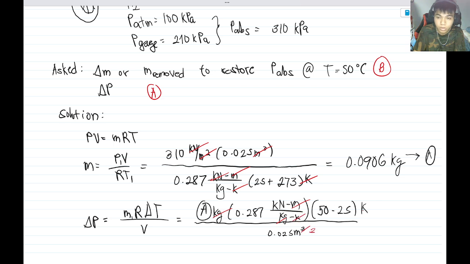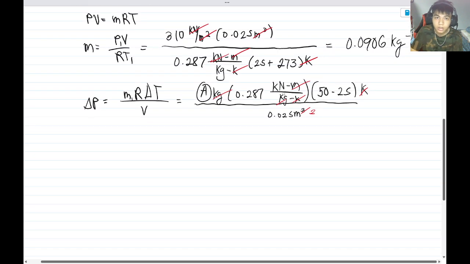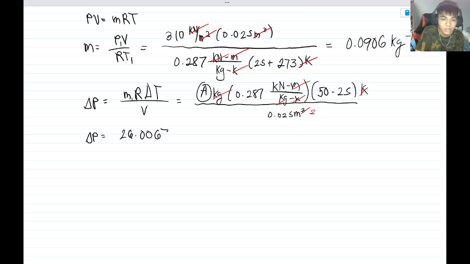This will become 2. So we have kilonewton per square meter. That's Pascal. Therefore, our change in pressure would be equal to 26.0067 kilopascals. So this is for A.